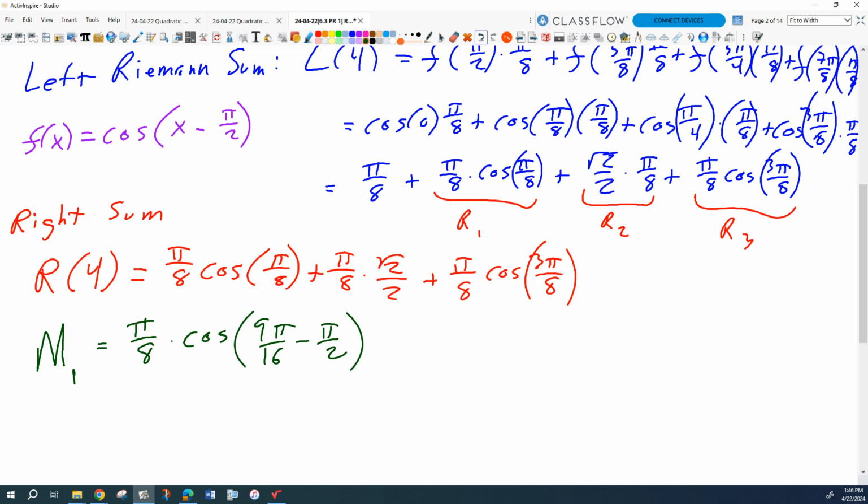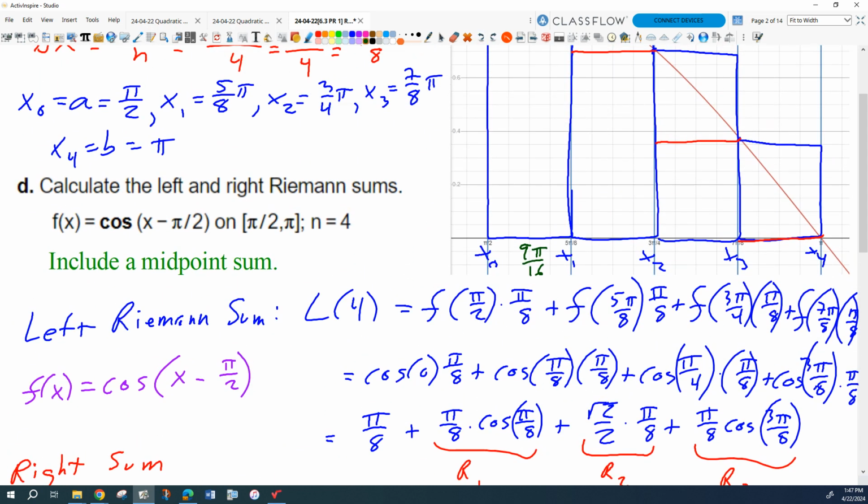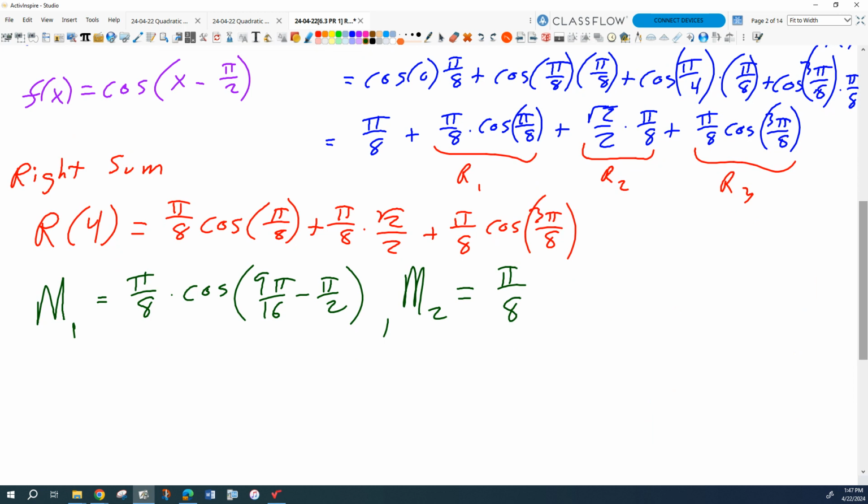Okay, what about our second midpoint? The width is pi eighths. Where's our second one going to be? Yeah, right. We're going to only go over 1/16 pi from 5/8, which is just 10/16 pi, plus one more would just be 11/16 pi.